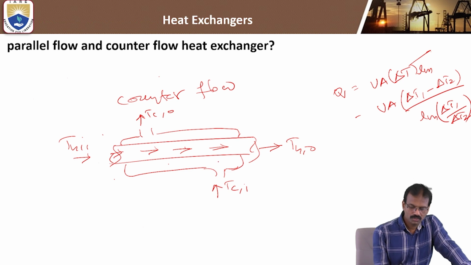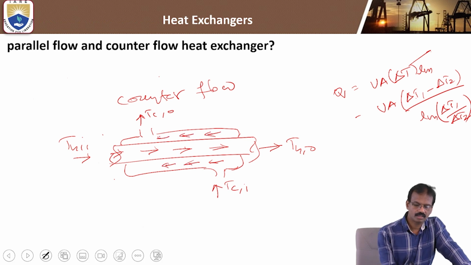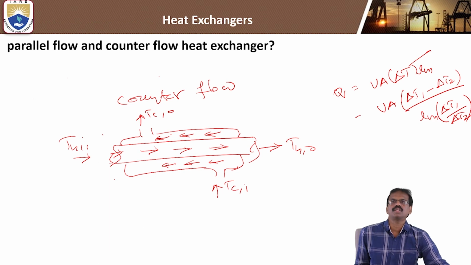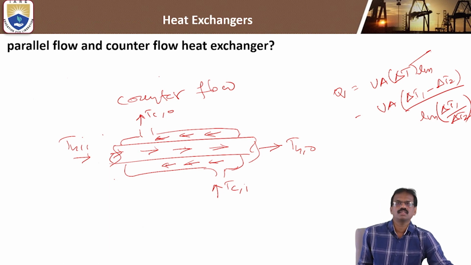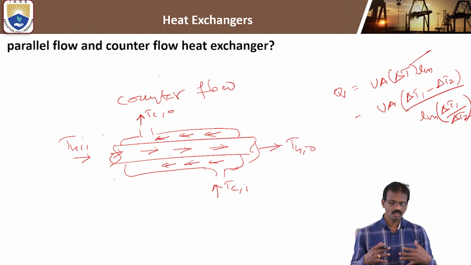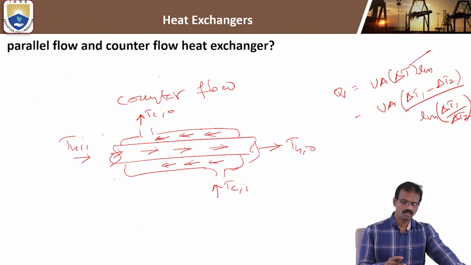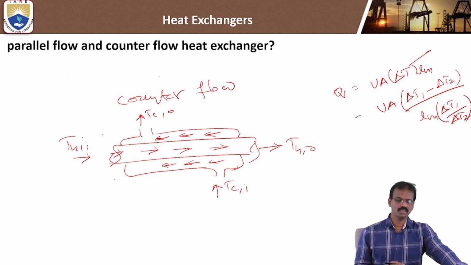Okay. So it means the direction of the cold fluid is opposite to the direction of the hot fluid. So this is nothing but a counter flow heat exchanger. In counter flow, both the fluids are parallel to each other, but flow in opposite directions. So in parallel flow, both are parallel to each other in the same direction. But in counter flow, both the fluids are parallel to each other, but in opposite direction to each other.